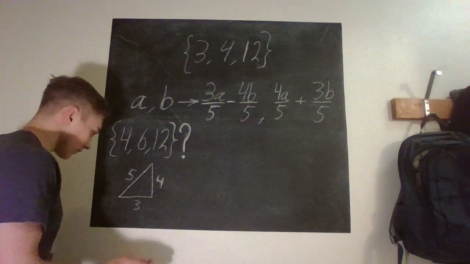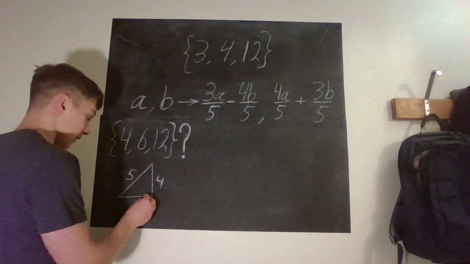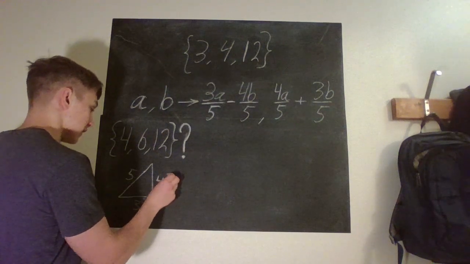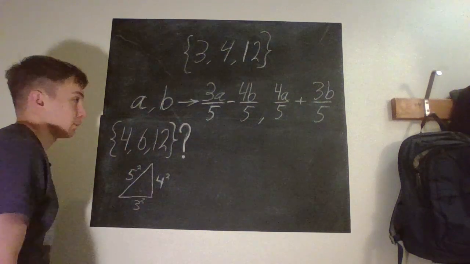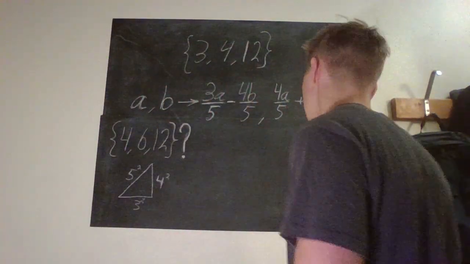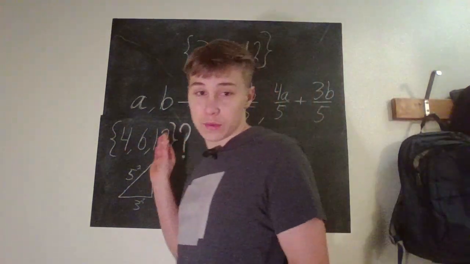And as you know from the Pythagorean theorem, this only holds if the sum of the squares is equal to the square of the hypotenuse. So therefore, what if we just square it?